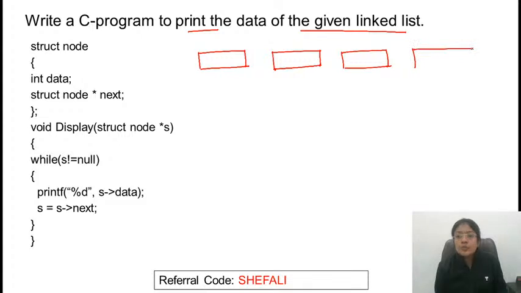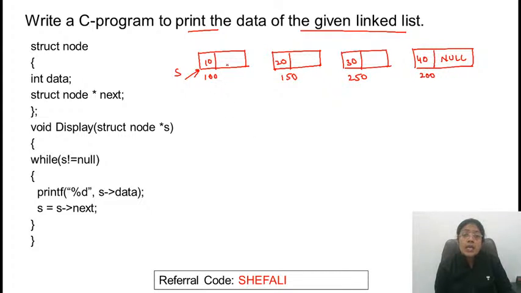So let's assume that the data is 10, 20, 30, 40, and this is the last node of the linked list. Let's assume that the start pointer is pointing to the first node, which is created at location 100, then created at 150, created at 250, created at 200. This is pointing to the next node, this is pointing to the next node, this is pointing to the next node.